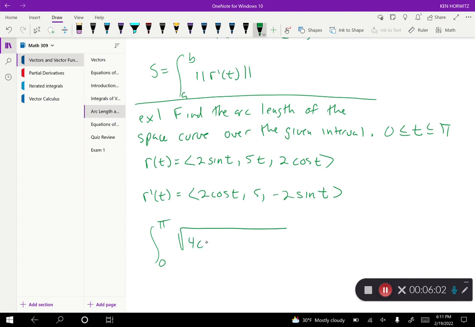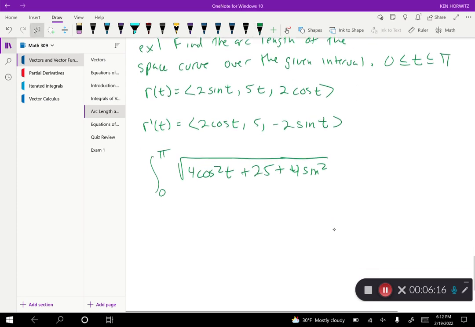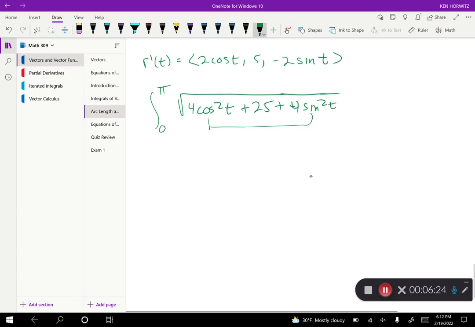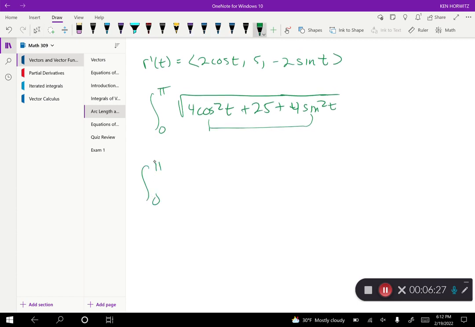So I have the square root of 4 cosine squared t plus 25 plus 4 sine squared t. Now I can manipulate this a little bit to bring my cosine squared and sine squared closer together, because I know that cosine squared plus sine squared equals 1.